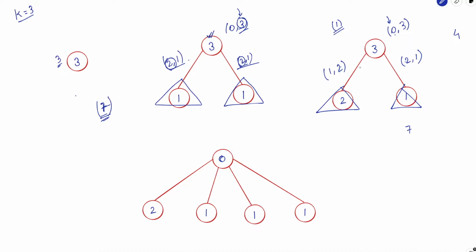Now in this case, how do you figure that out? So if you take 3 instead of 0, you will be losing a total sum of 3, right? Similarly, if you take 1 instead of 2, you will be losing a total sum of 1. In this case as well, if you take 1 instead of 2, you will be losing a total value of 1.